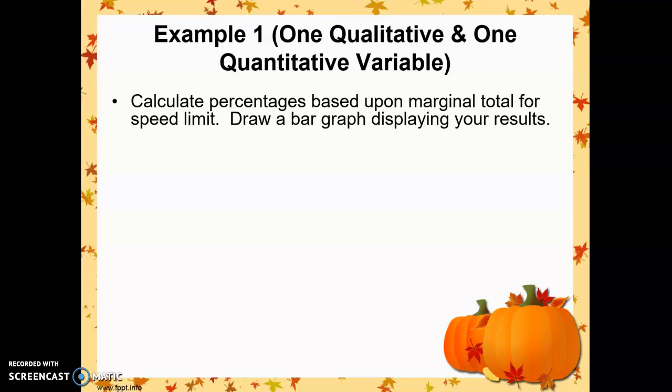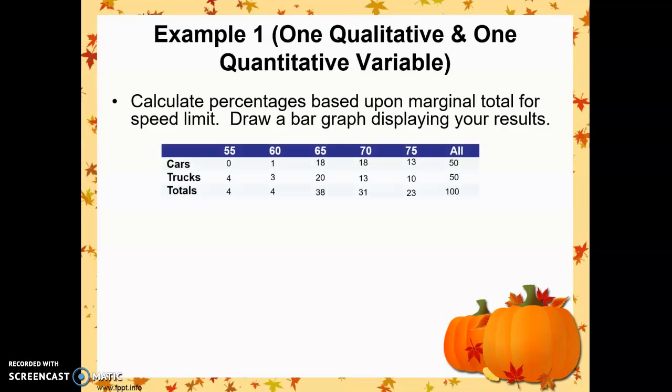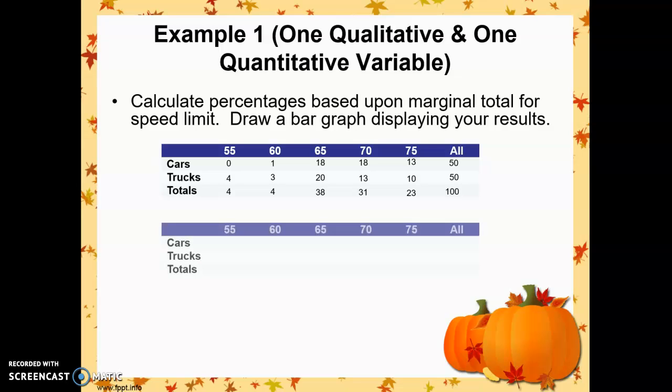And let's say we're asked to calculate the percentages based upon marginal totals for speed limits. So in other words, within each of our columns, speed limit 55 miles per hour, 60 miles per hour, and so on, what percent of those cars and trucks had within the 55 mile an hour maximum speed limit were cars and what percent were trucks?